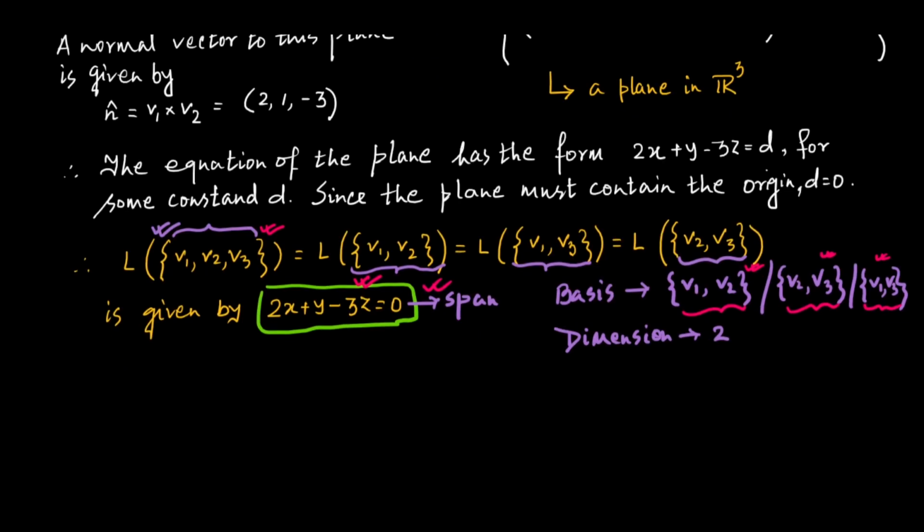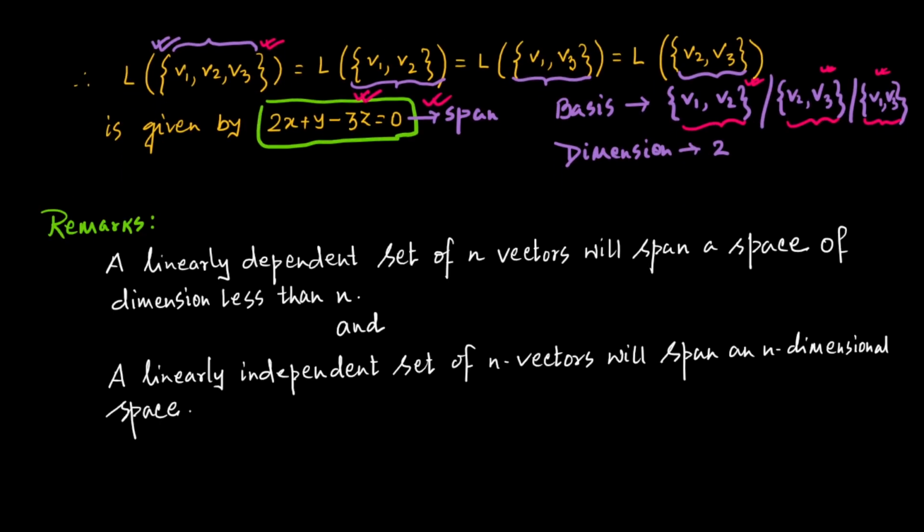So we can say that a linearly dependent set of n vectors will span a space of dimension less than n, and a linearly independent set of n vectors will span an n-dimensional space. We have seen both of these in our previous example.